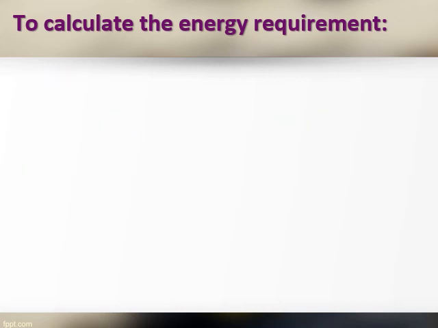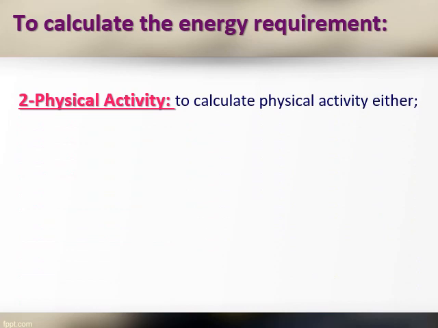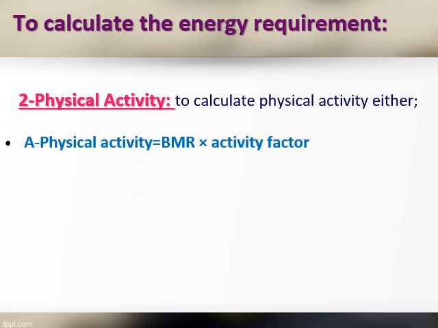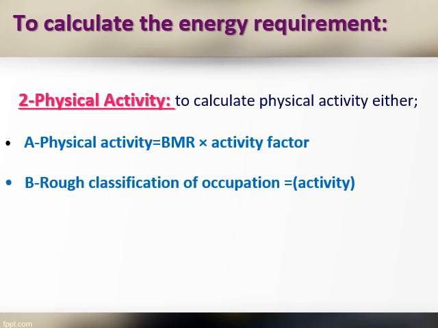Also, we have to know how to calculate the second component of total energy requirement, which is physical activity. To calculate physical activity, either multiply the basal metabolic rate by activity factor or by rough classification of occupation or activity.